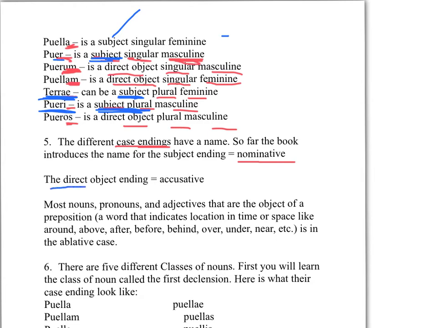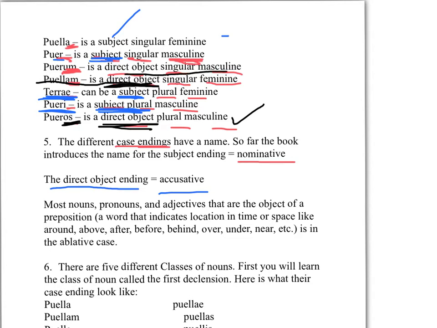And when you have the direct object case ending, that's called the accusative case. So all the words up here that I pointed out were in the direct object of the sentence, like pueros, that's called the accusative case ending, os in this case. Or you can have this singular accusative ending for puellam.